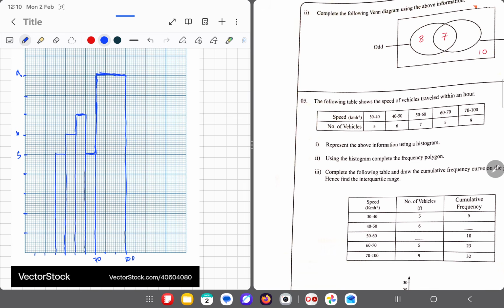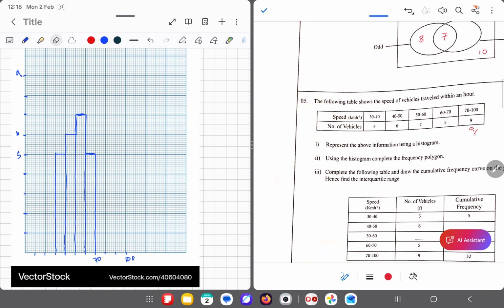Right, so that's the histogram. So wait, this one is wrong. That one 70 to 100, so the height we have to be careful. That is 3 times the width of a normal class, so 9 over 3.